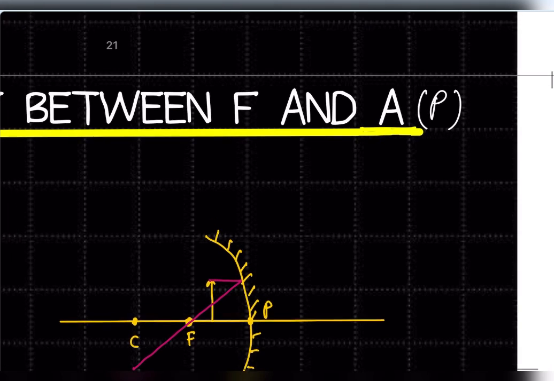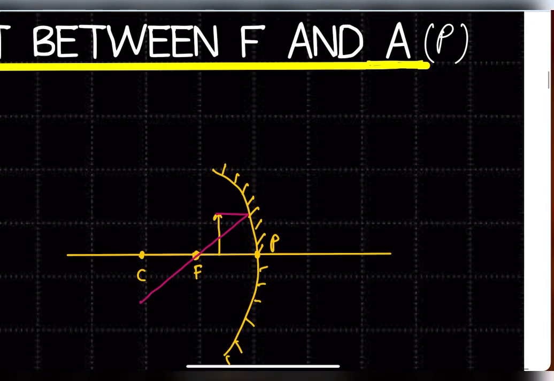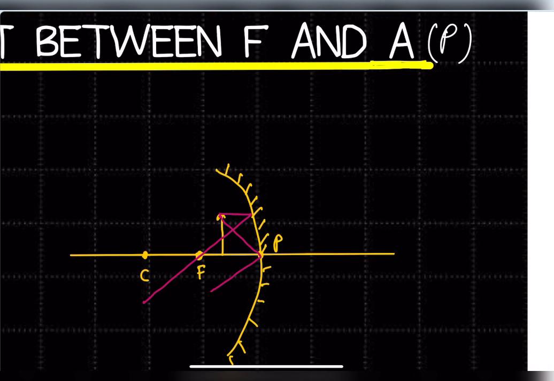What will happen if I take a line and make it go like this? It will go parallel. Okay, but this doesn't conclude anything. So we'll use one more rule. There are 4 rules that we have learned, right? Let me take this point and make it pass through this one, then it will go like this.